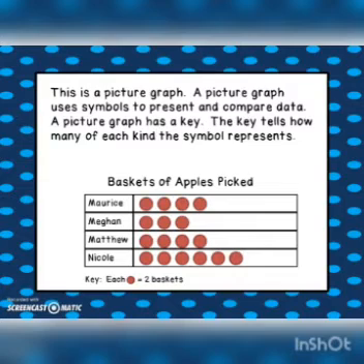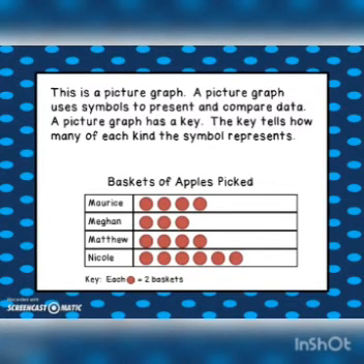Now lastly, we are looking at a picture graph. A picture graph uses symbols or pictures to present and compare data. In a picture graph, it has a key. Down below you can see the key that each circle represents 2 what? Baskets. The key tells us how many of each kind the symbol represents.